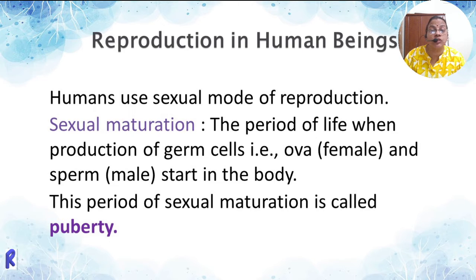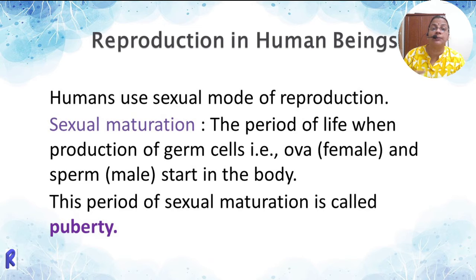That process of maturation of reproductive structures, which is formed within that period of development, is called puberty. So puberty means the maturation of sex organs. And from that time onwards, the sex organs will be able to produce the sex cells, or we can say gametes.